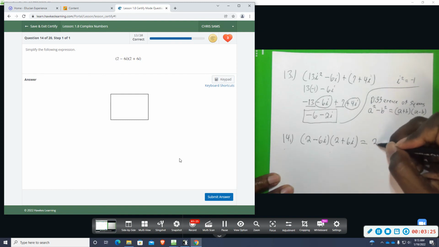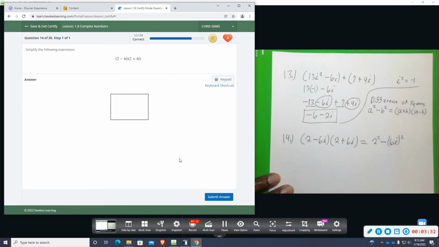2 squared minus the 6i squared. If I do 2 squared, I get 4. And minus, and then the 6 squared is 36, and then i squared. You've got to square that part. So I get 36i squared.